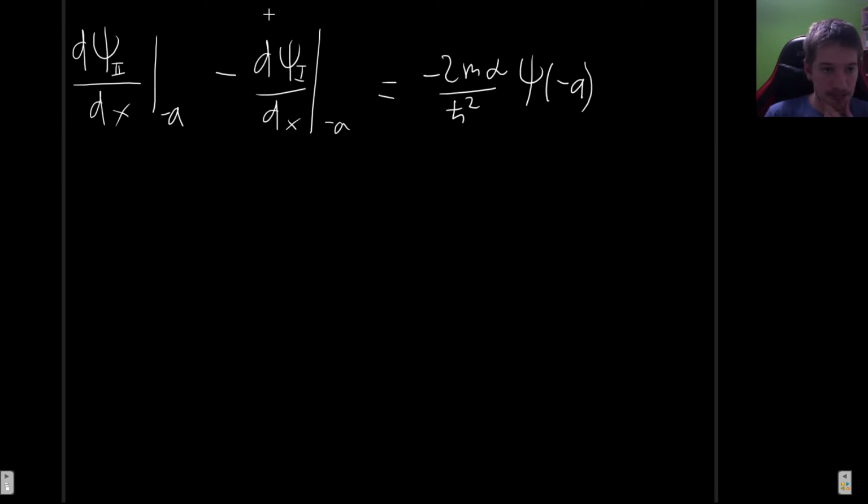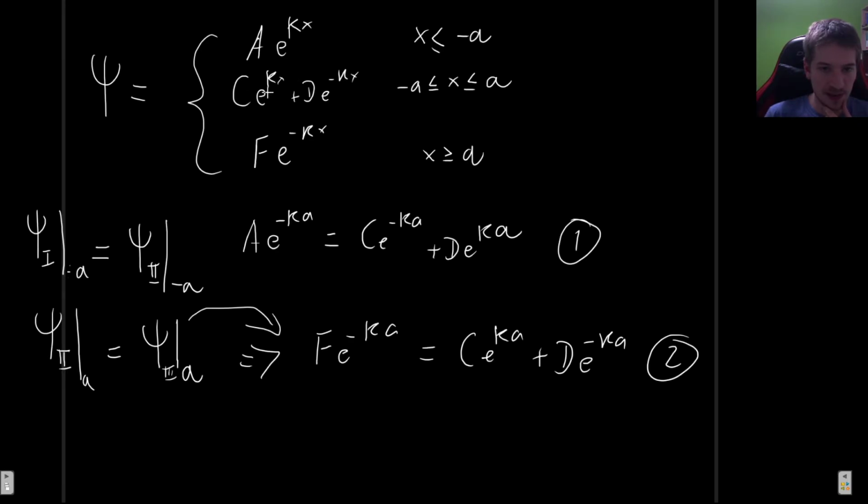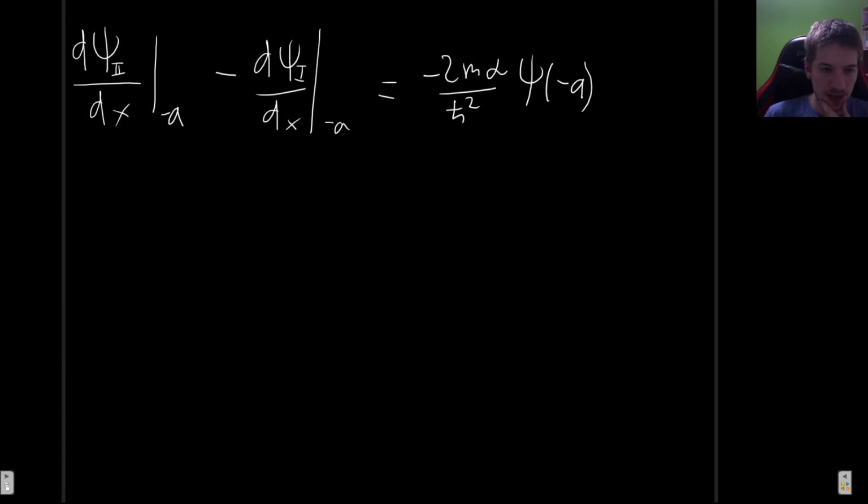So now let's take these derivatives. So psi2 is C e to the kx plus D e to the minus kx. So when we take that, we are going to see that a k is going to come down and this plus will be a minus. Okay, so let's now write this.